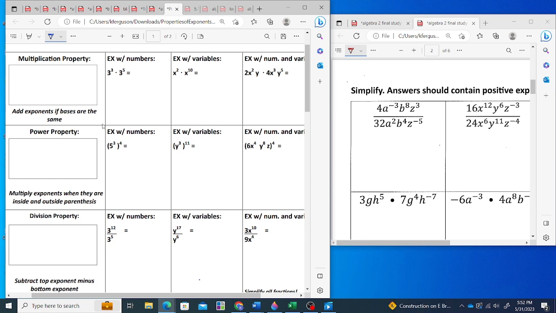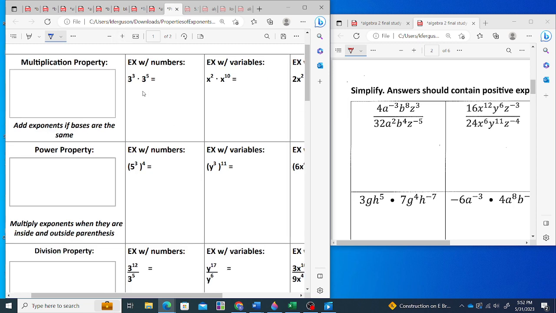I would suggest that you list all of these on there in some way, shape, or form, however you want to write it. So the multiplication property, add your exponents if the bases are the same. So let's make this a little bigger. Okay, so in this case, I've got 3 to the third power times 3 to the fifth power. If I'm multiplying and the bases are the same, I just add the exponents.